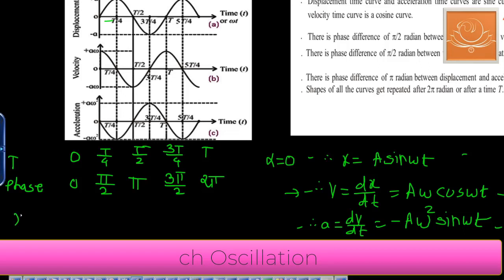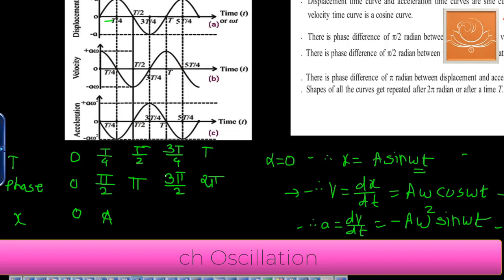Now for displacement x, at 0 phase the displacement is 0. At pi by 2 phase the displacement is equal to its amplitude capital A. Substitute the values of phase for omega t: if omega t equal to 0, x equal to 0.